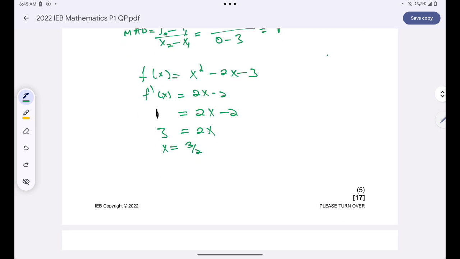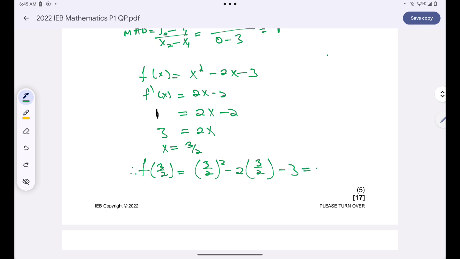Therefore, all I need to do is to go and find the corresponding y value. f of 3 over 2 is equal to 3 over 2 squared minus 2 times 3 over 2 minus 3. What does this give me? 3 over 2 squared minus 2 times 3 over 2 minus 3.